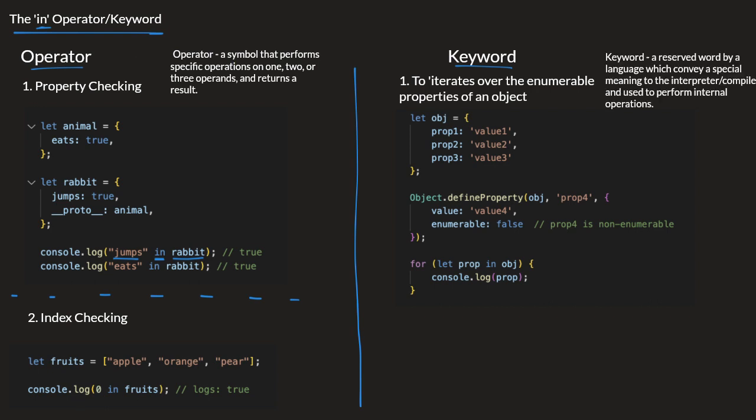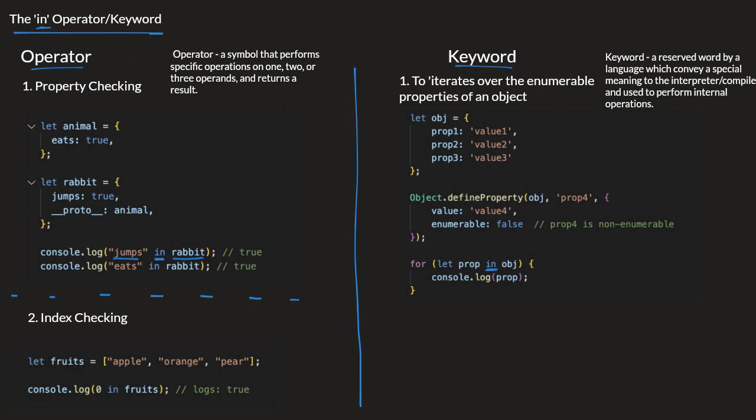Unlike the way that we did with the operator, the in keyword here is not checking to see if the property, this prop, is inside the object. We already know that it is.